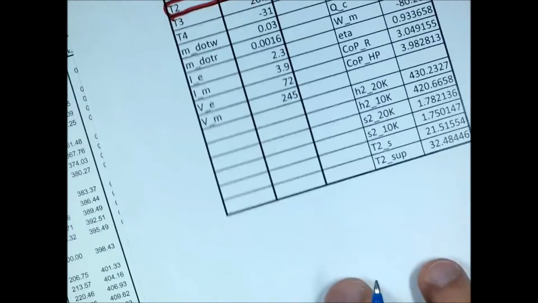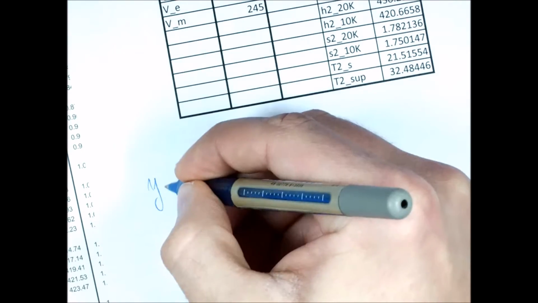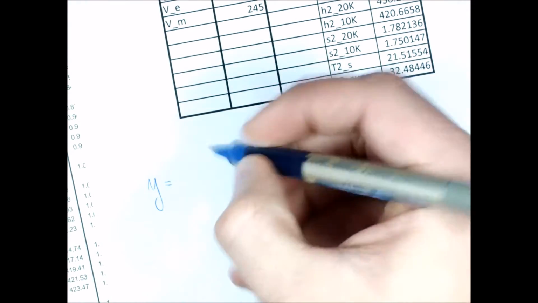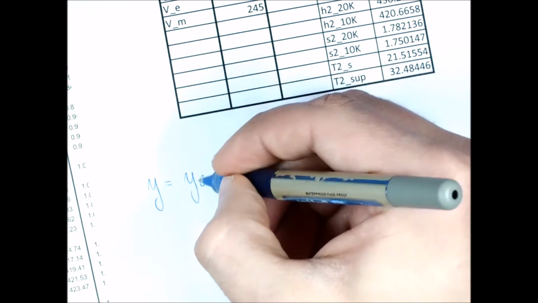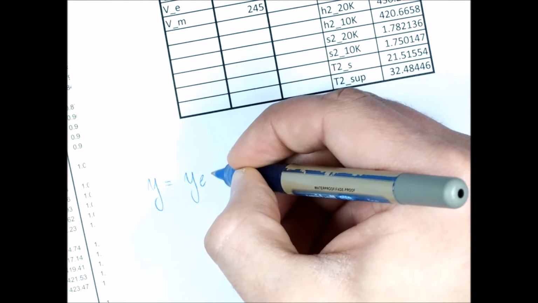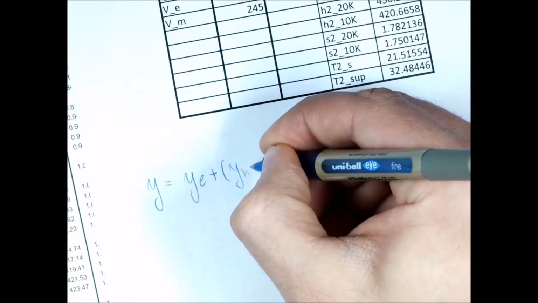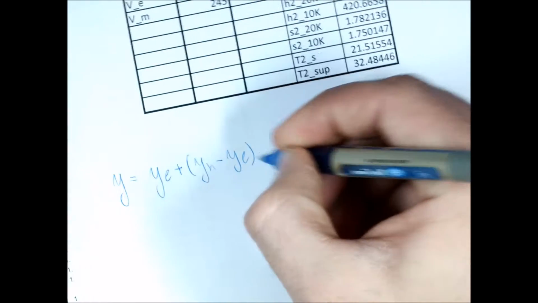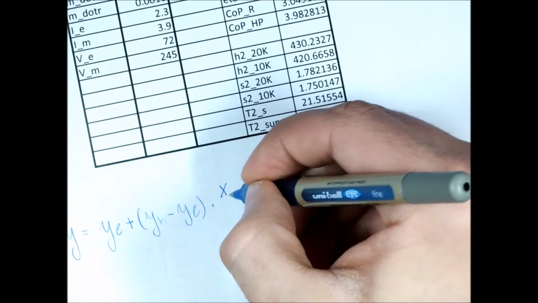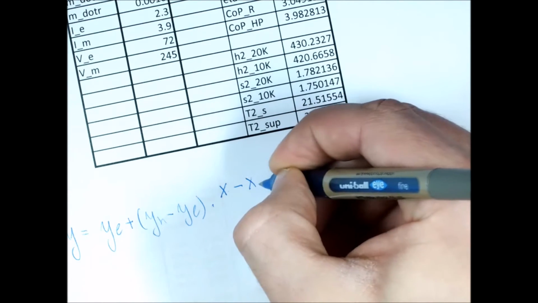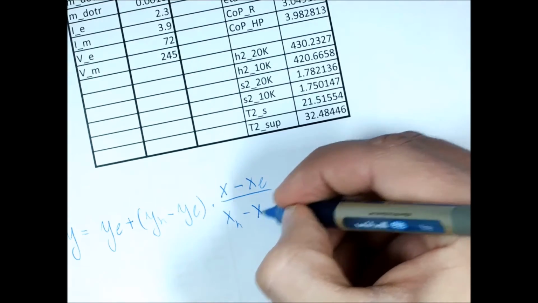The formula is the following: the unknown value of the dependent variable is equal to the low value of the dependent variable plus the high value of the dependent variable minus the low value, times the value of interest of the independent variable minus the low value of the independent variable, over the high value of the independent minus the low value of the independent.